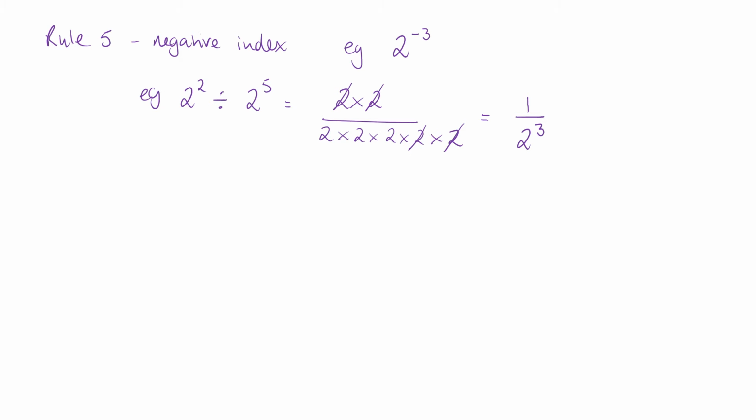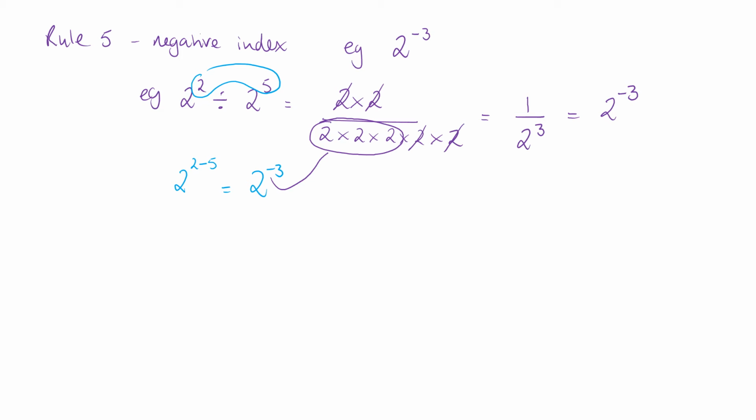But when you have applied rule number 2 and done a takeaway, 2 squared take away 5 is going to give us 2 to the minus 3. So that minus just means that we were left with 2 cubed on the bottom. It was bottom heavy, if you like. So 1 over 2 cubed is the same as 2 to the minus 3.